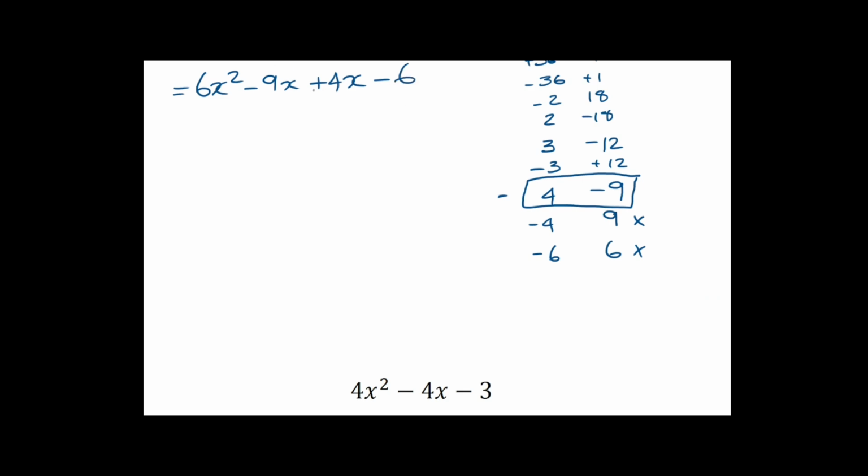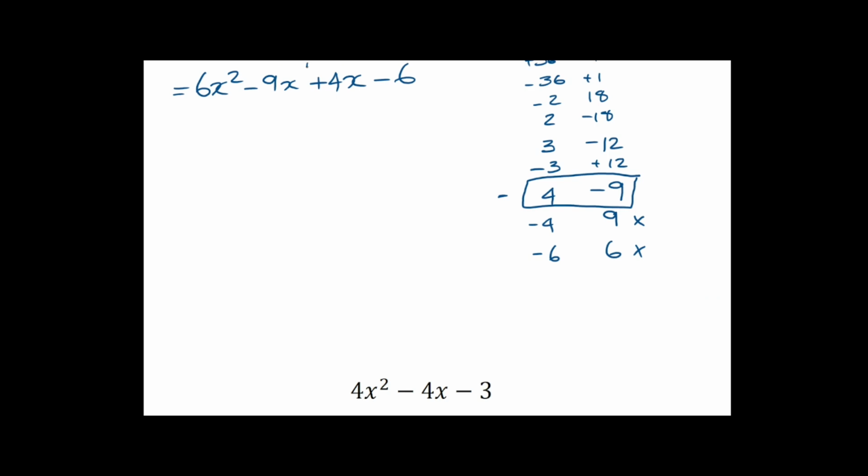Okay, again, satisfy yourself. This equation is equal to this equation: 6x squared minus 9x and plus 9x both give us negative 5x, and the negative 6 is there at the end.